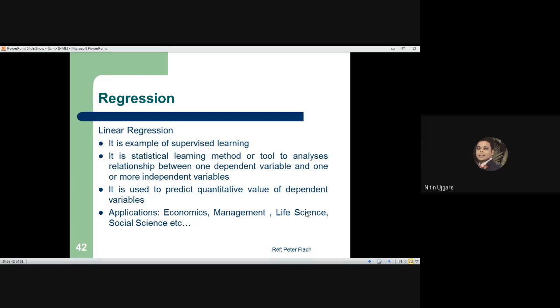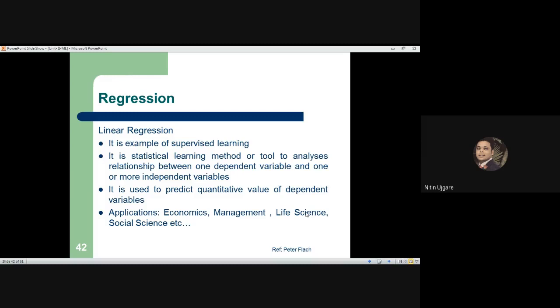Linear regression in which a dependent variable depends on more than one independent variable is called multilinear regression. However, when a dependent variable depends on only one independent variable, such a regression task is called unilinear regression or simple linear regression.